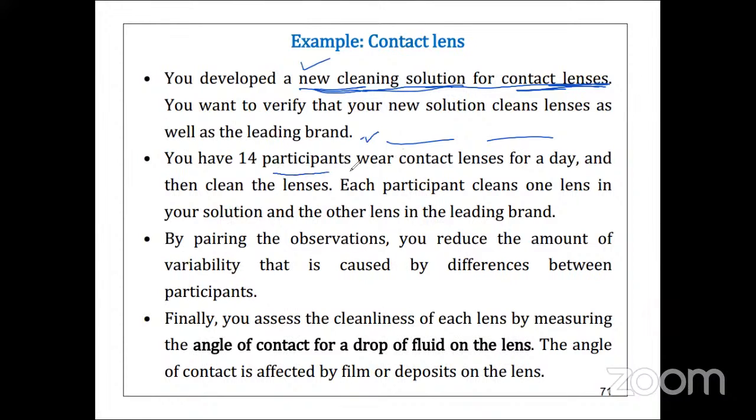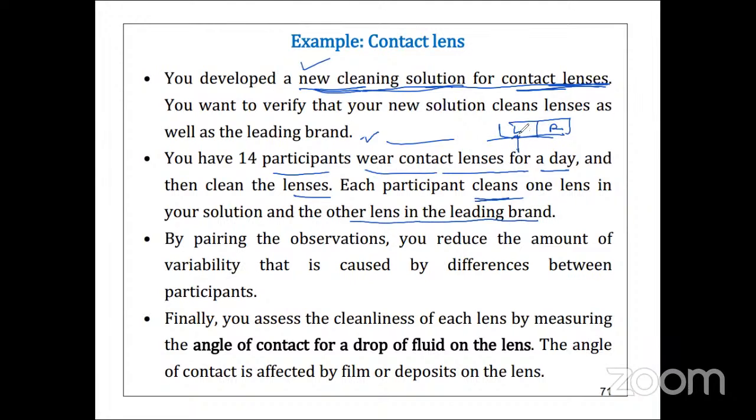So you have 14 participants. They wear contact lenses for 1 day and clean the lenses. Each participant cleans one lens with your solution, and the second lens with the other. You can see that these are the two lenses. This is the left eye and this is the right eye. So what is done actually?